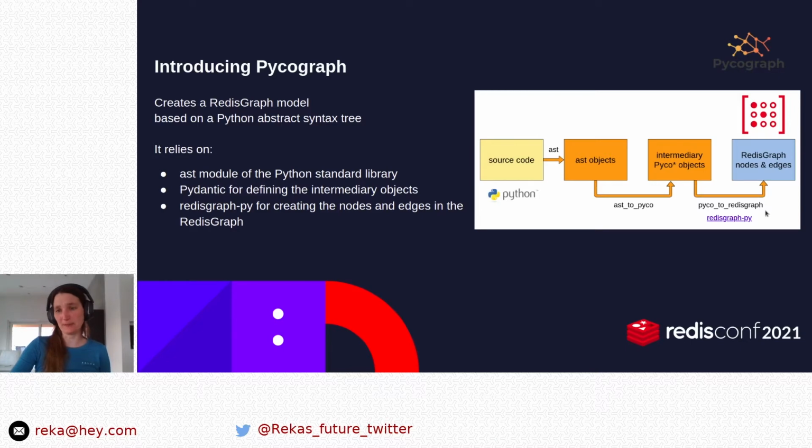Finally, the Pyco to RedisGraph module converts those intermediary objects into RedisGraph nodes and edges. This step is relatively straightforward thanks to the RedisGraph Py library provided by Redis Labs. The majority of the logic is happening in the AST to Pyco module and in the intermediary objects.